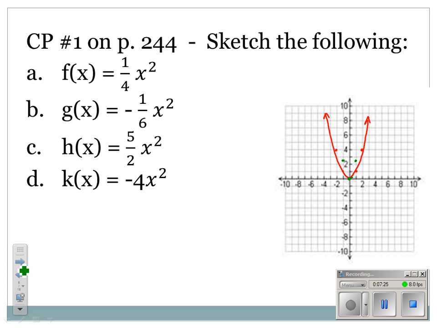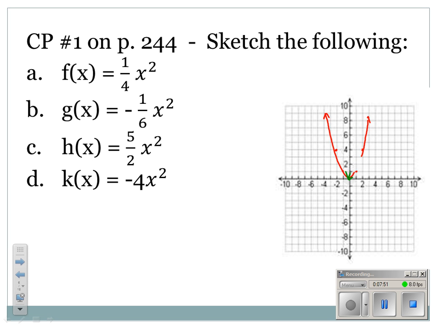If you put a 2 in, 2 squared is 4. 4 times 5/2 is 20/2 or 10. So at 2, we're way up here at 10 rather than only at 4. Do you see how it stretches higher inside that parent parabola or that parent function? Okay, so now let's take C there.